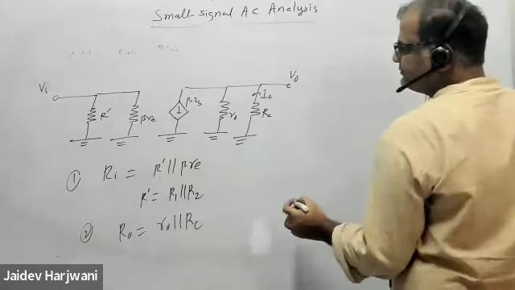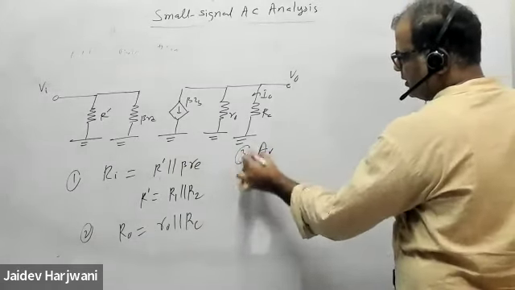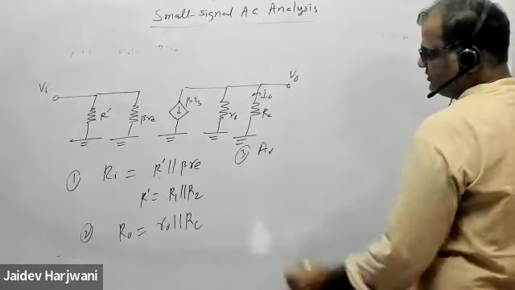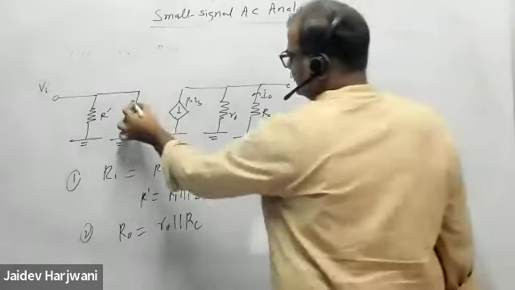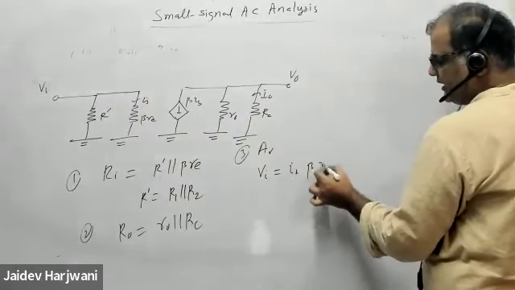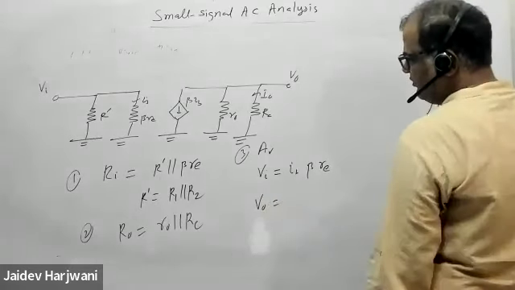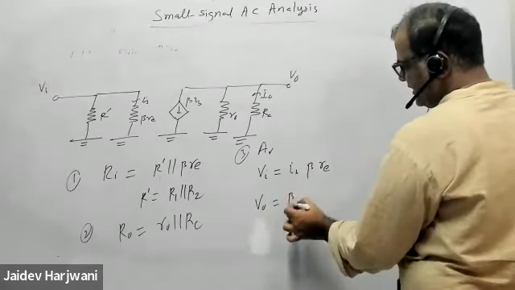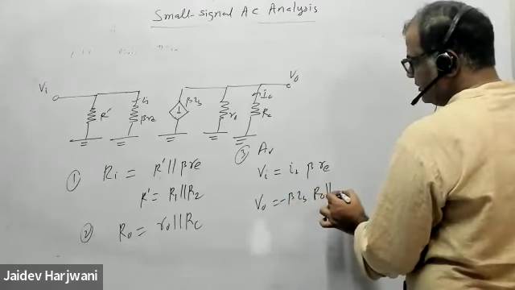Voltage gain AV. What is V input? V input is again IB into beta RE. V naught is minus beta IB, R naught parallel to RC.